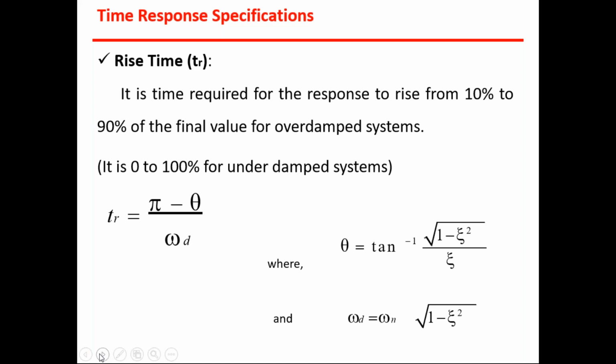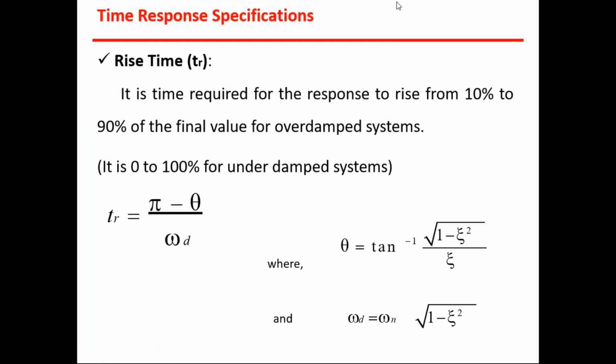అంటే this type of time domain we can call an over damped system. What is the value of zeta for an over damped system? Right, greater than 1. Okay, and if it lies 0 to 100% it is for an under damped system.